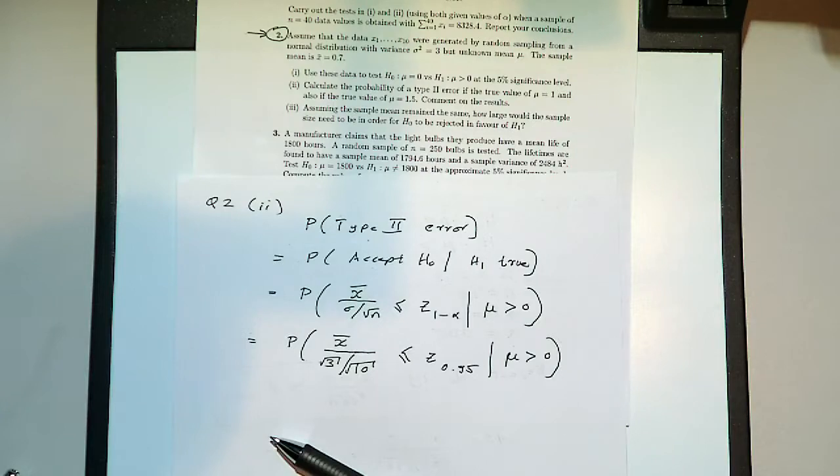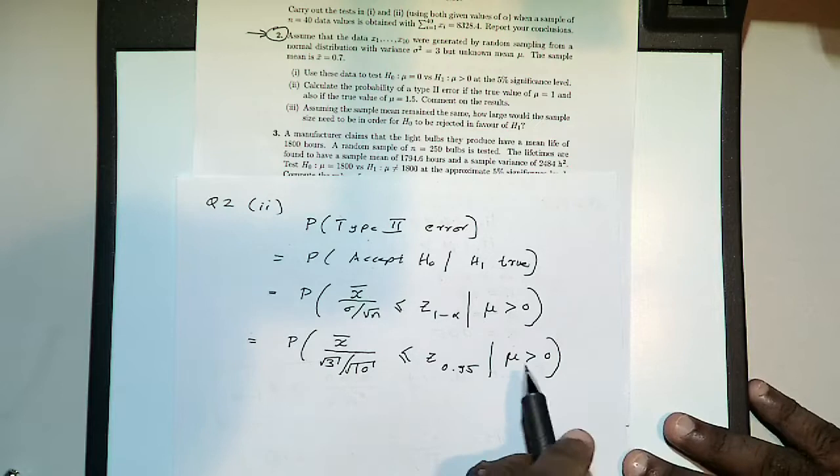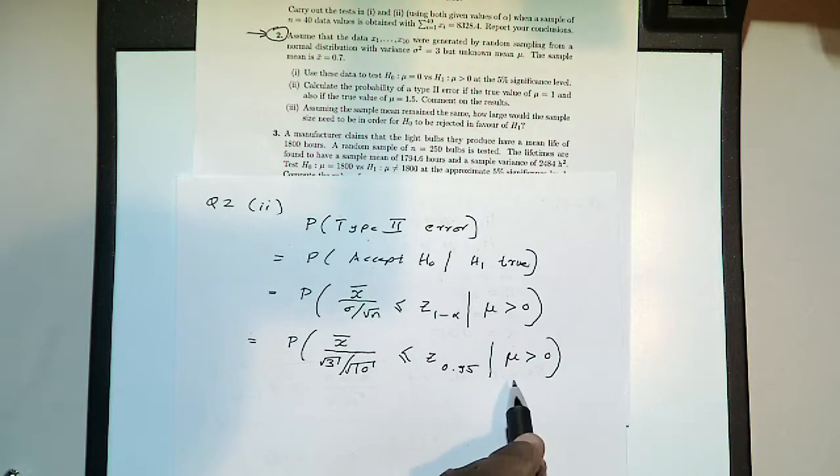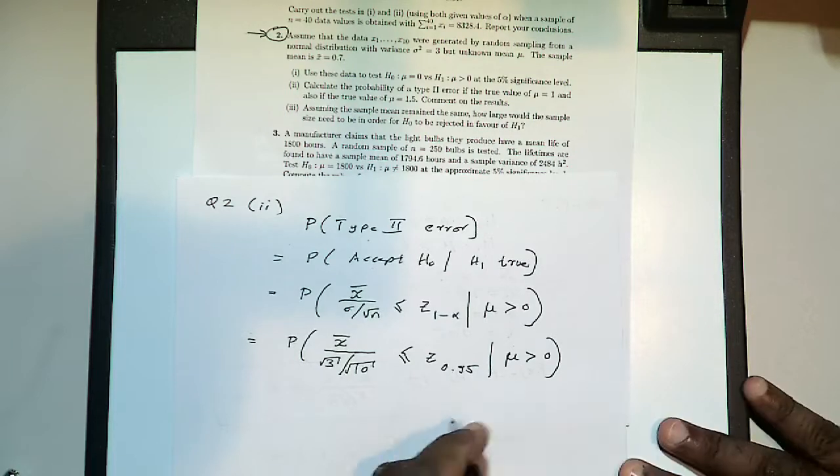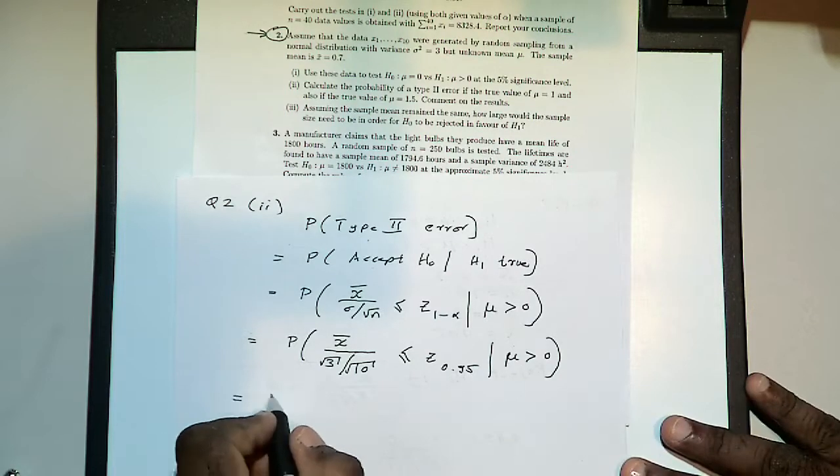We are doing question 2, part 2. Because remember, we are conditioning on the population mean being mu, not 0. It's not 0 anymore. All right. So what I'm going to do is the following.